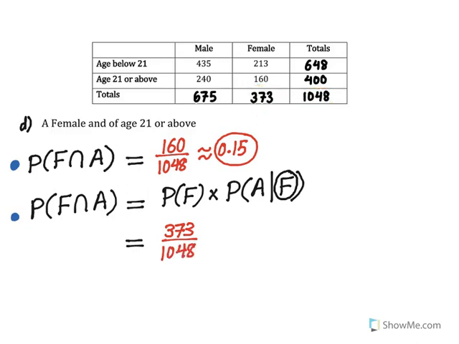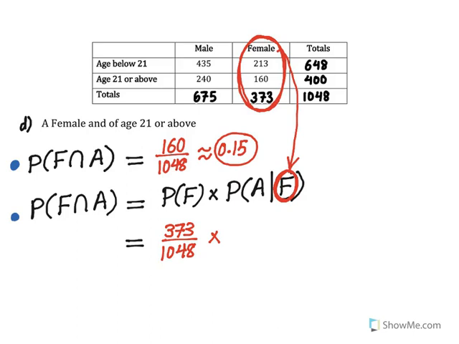And now times the probability of above the age of 21 given that it's a female. So once you are given that it's a female, you only look at the column or row that contains this data. So you're looking at the females here because that's what's given. So once it's given, you look only at its row or column.